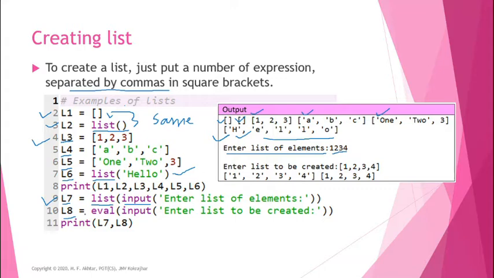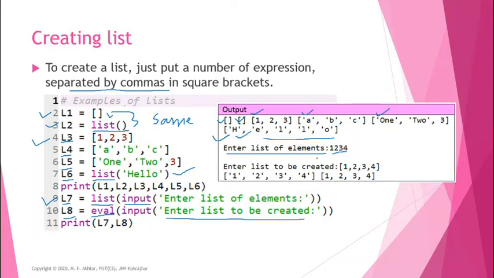Then another statement is here. We are using the eval function. The eval function is very suitable to get input of any type of data from the user. We just have to take care while giving input during the execution of the program, about what we want to give as input. The eval function is very fruitful here.